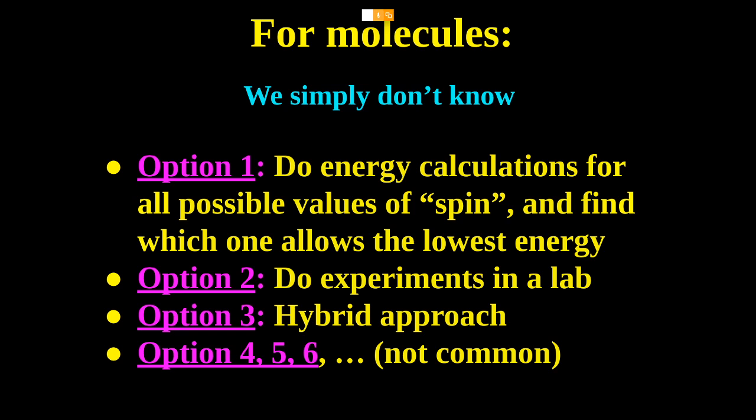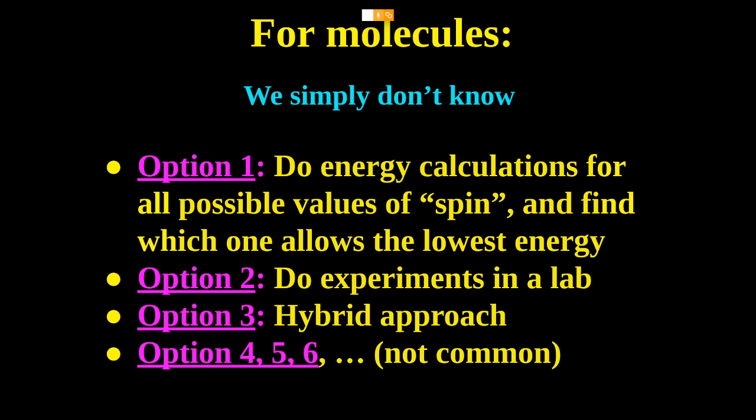Option one, you can do energy calculations like you did last week. You can do those energy calculations with various different spin values, and you can see which one allows you to find the lowest energy. So you can scan all the different internuclear distances with spin equals 1, with spin equals 0, with spin equals 2, get your potential energy curves for all internuclear distances, for all different spins, and find which one has the lowest minimum.